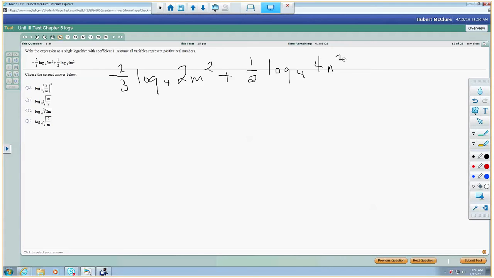I just can't write M today for some reason. First thing I would do, probably get that negative 2/3 and that 1/2, get it out of the way. That's what I would do.